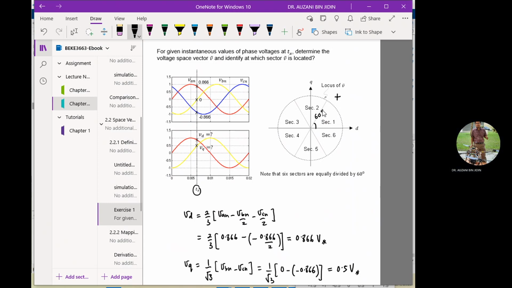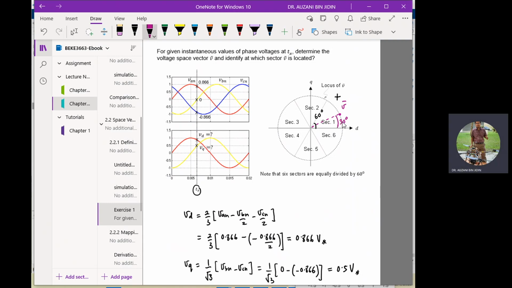Since your calculated angle is 30 degrees, this is your space vector.